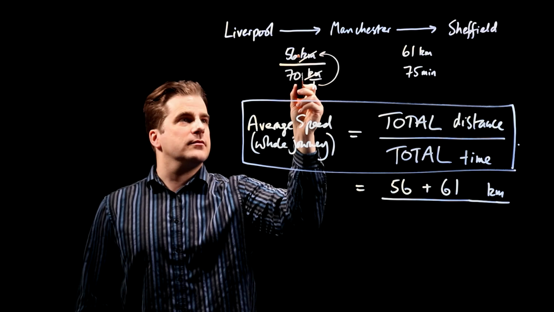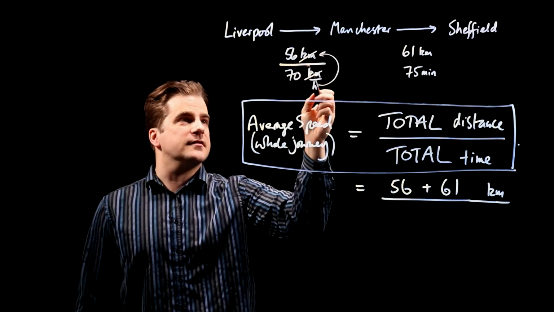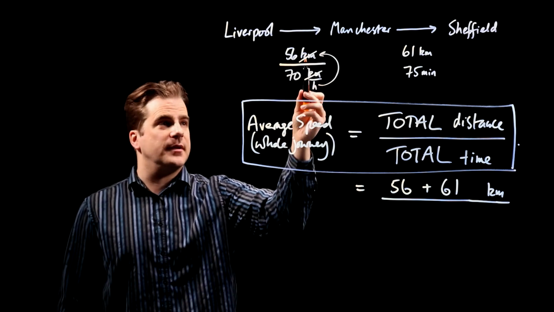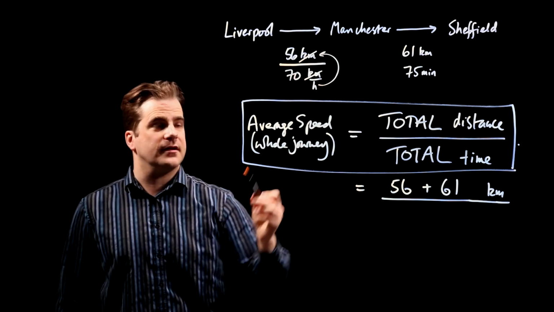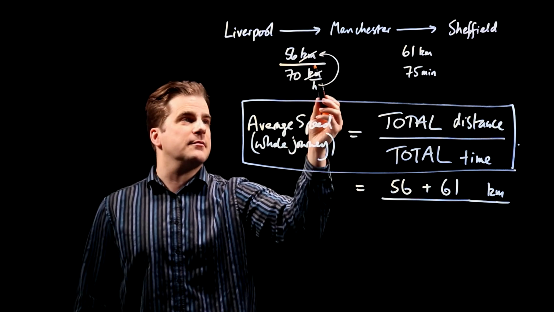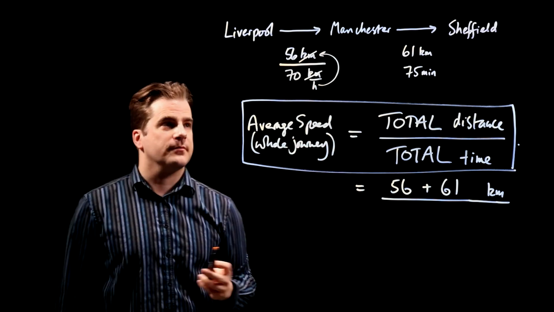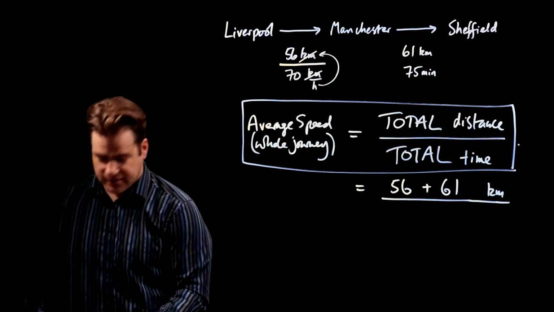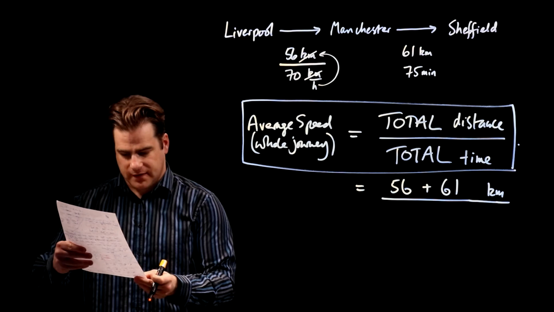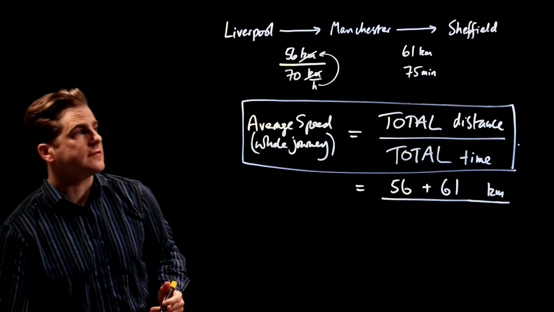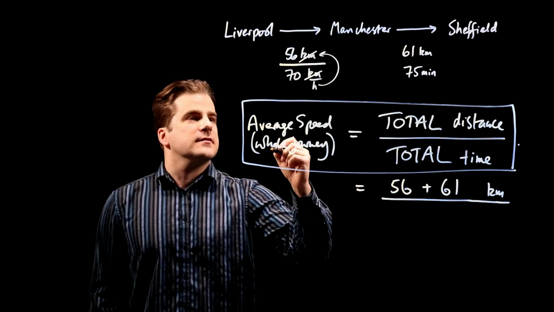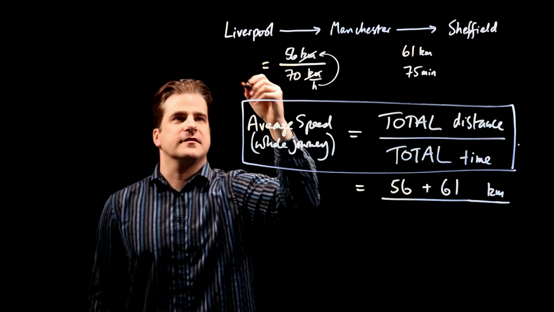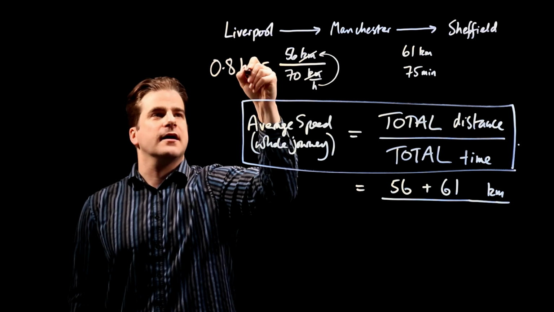So the answer to work out the time is just 56 kilometres divided by 70 kilometres per hour. And that will give us something in units of hours. So that's the time. And 56 divided by 70 is 0.8 hours. Okay? So that's, I'll write it on this side, 0.8 hours.